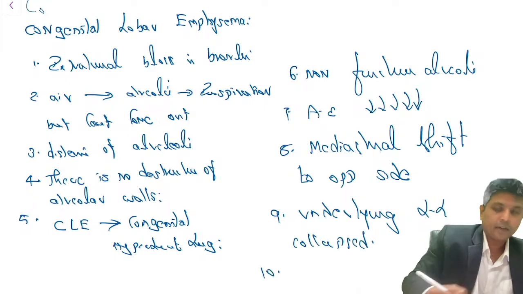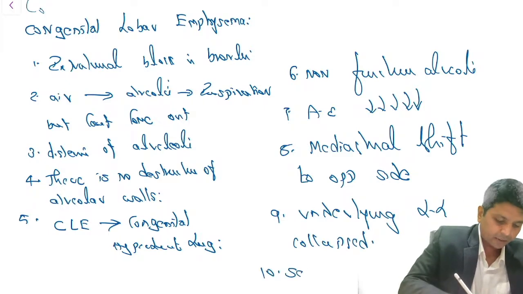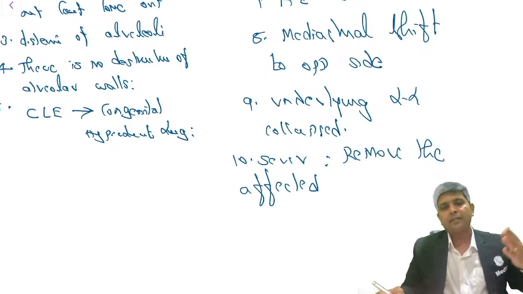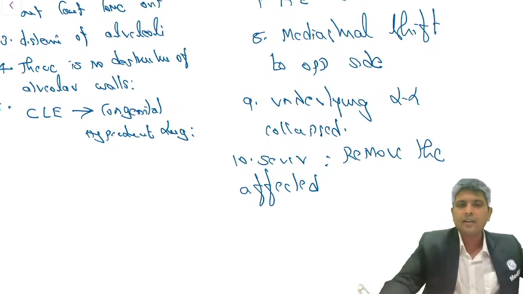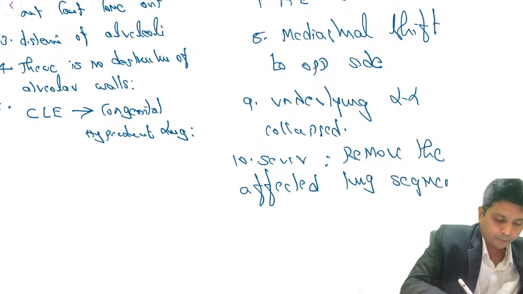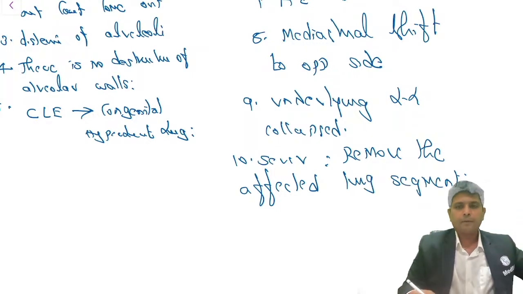What is the treatment of choice? In severe cases, remove the affected lung segment. In mild cases, with mild respiratory distress, there is no need to treat. In severe cases, remove the affected lung segment, that means the left upper lobe.